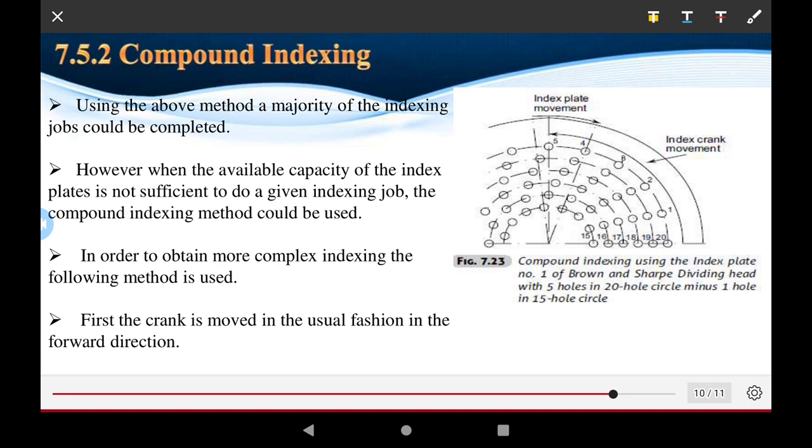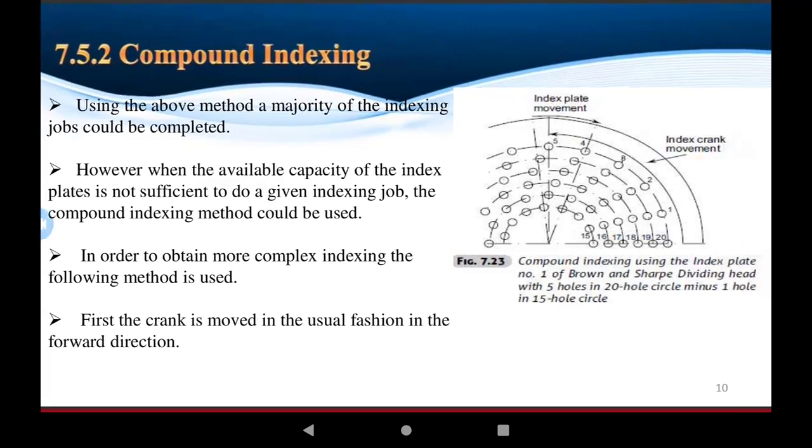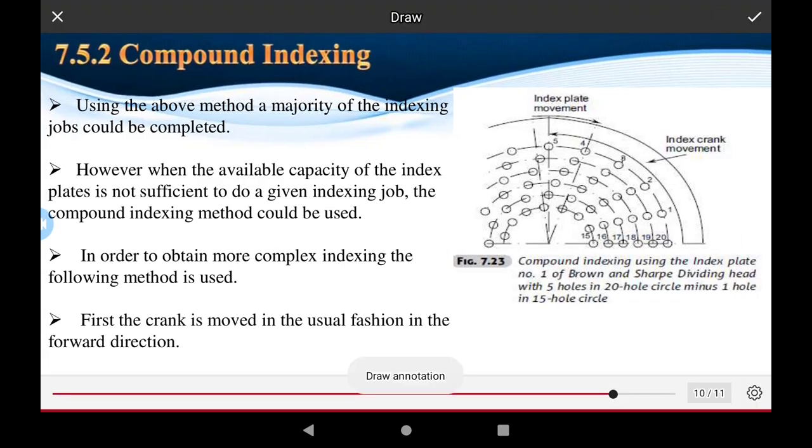However, when the available capacity of the index plate is not sufficient to give an indexing job, the compound indexing method would be used. This is the compound indexing method using index plates.